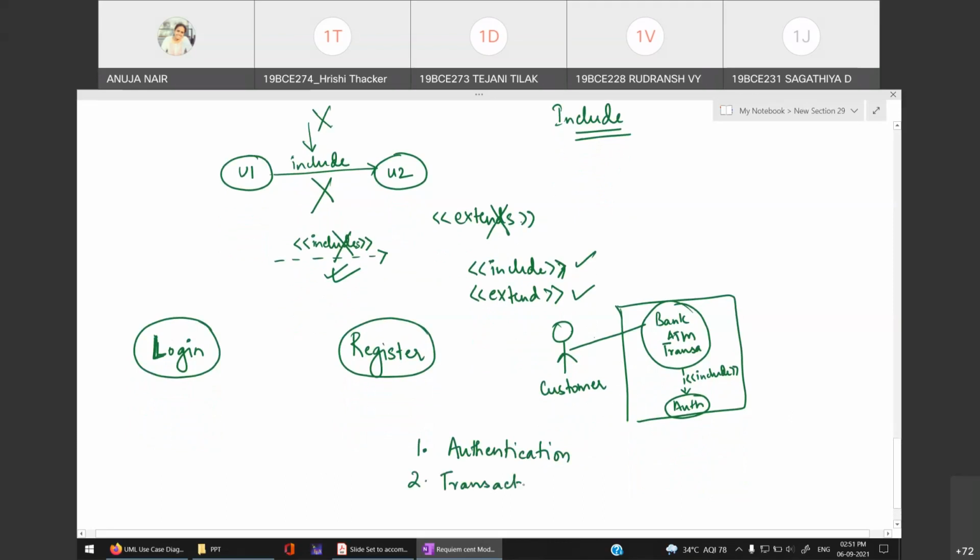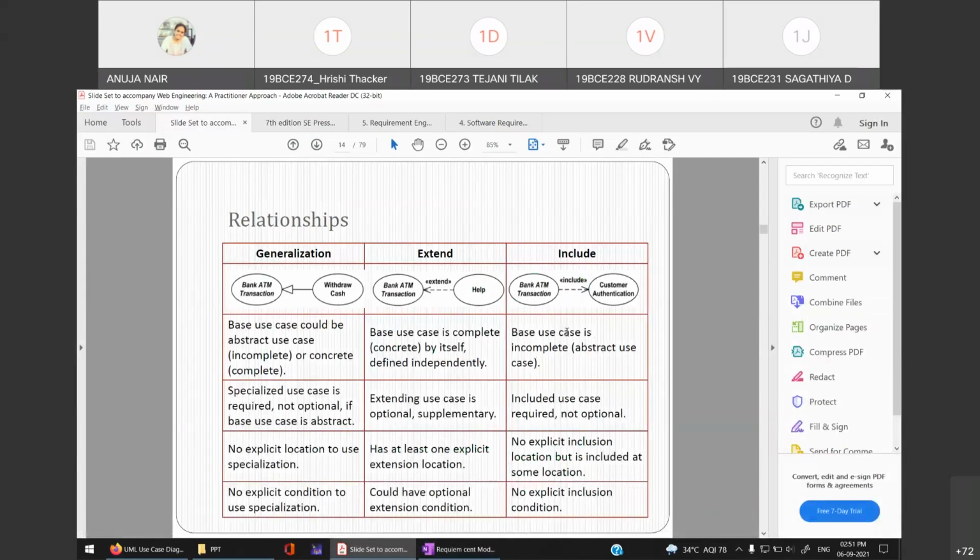Since it is an include relationship, the use case that you are including will be automatically completed. Authentication will happen, and then only transaction will happen.